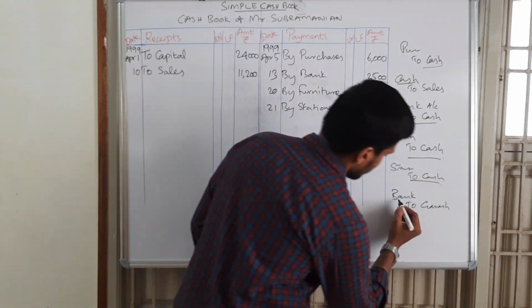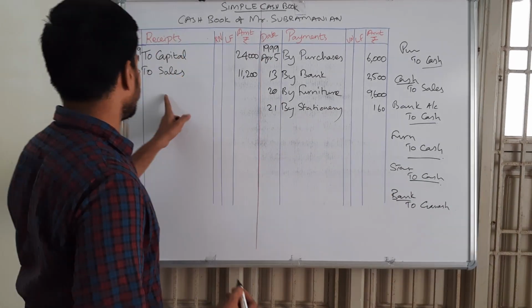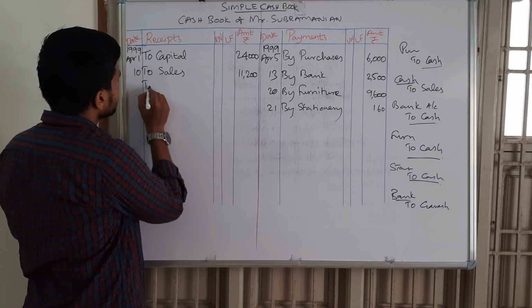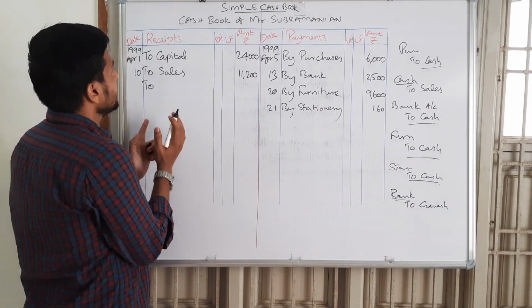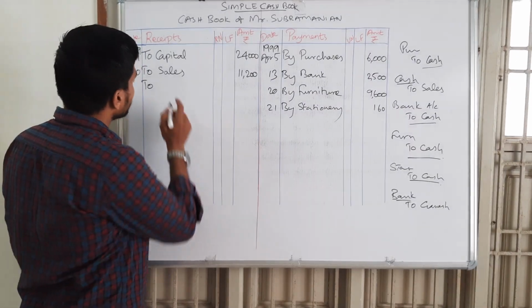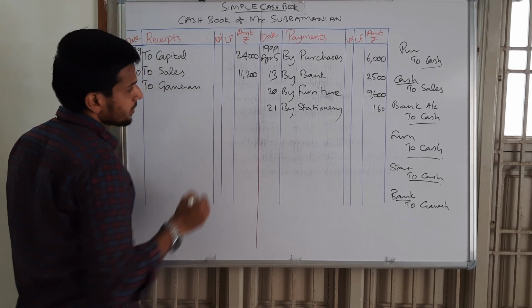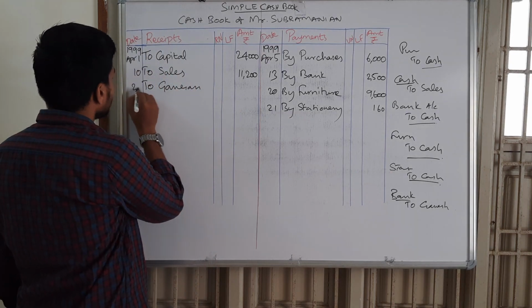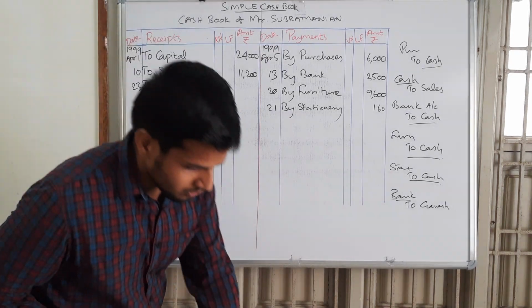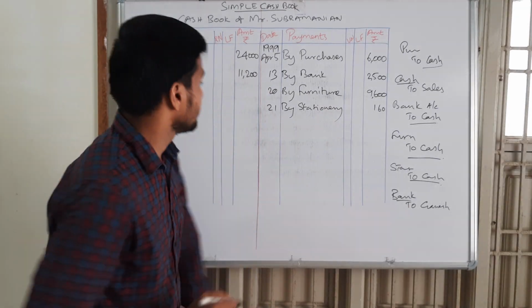Here the bank account refers to the cash account and this must be debited. So here we write on the receipt side. We are receiving the cheque, so it should be written on the receipt side to Ganesan. What is the date of the transaction? 23, to Ganesan. And what is the amount? 9,000.